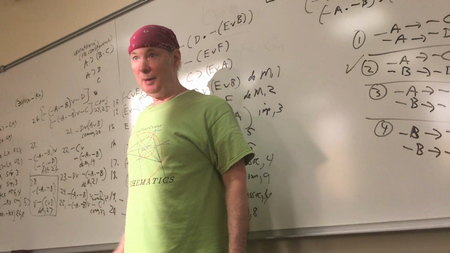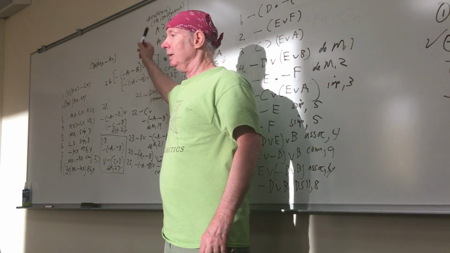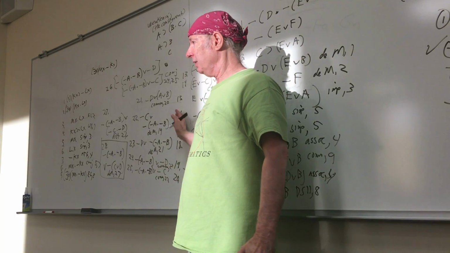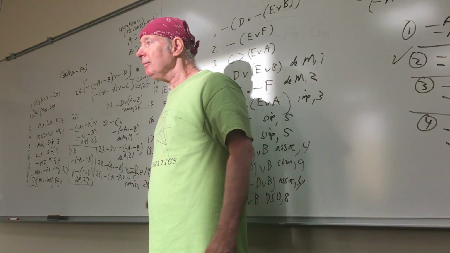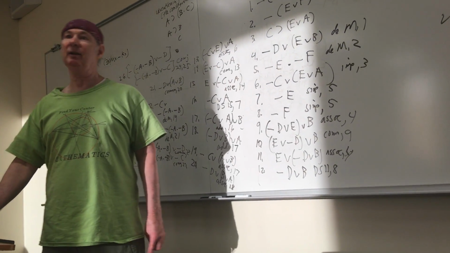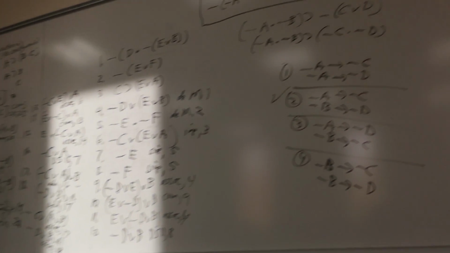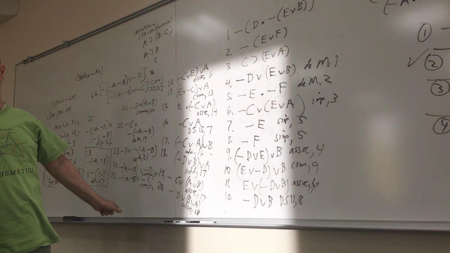It's not an easy problem, but the basic idea was to use strengthening and weakening, and then you just have a lot of little details to worry about. But that's the game in logic when the proofs get hard. A lot of little details, but it's the basic ideas that guide you.